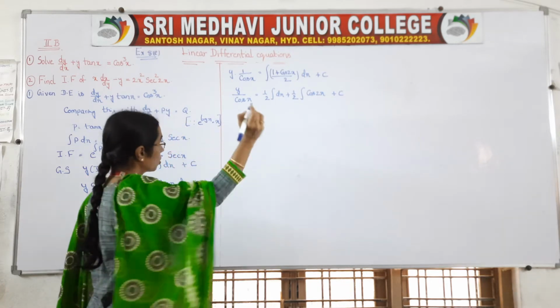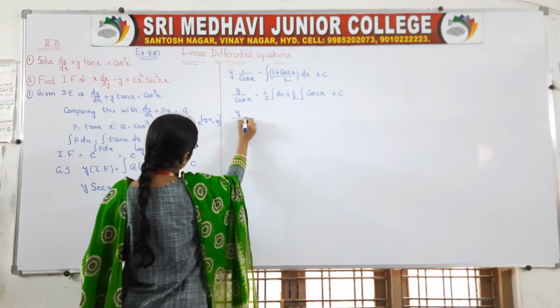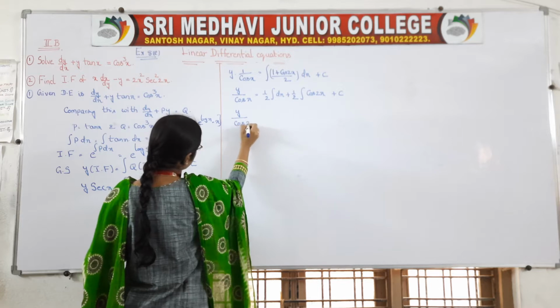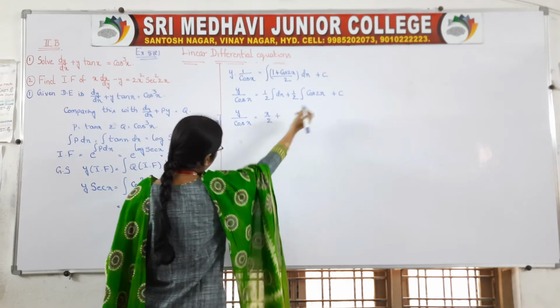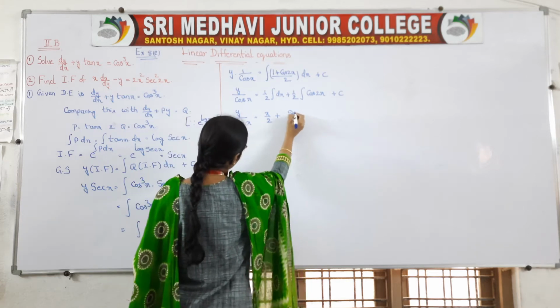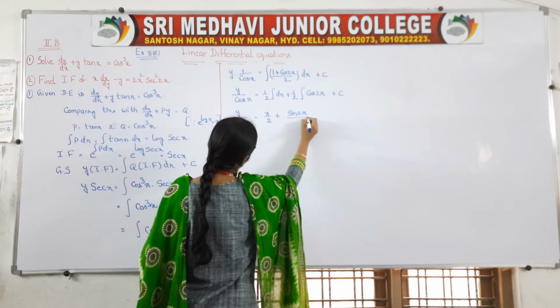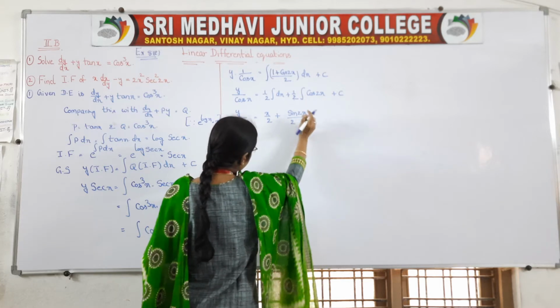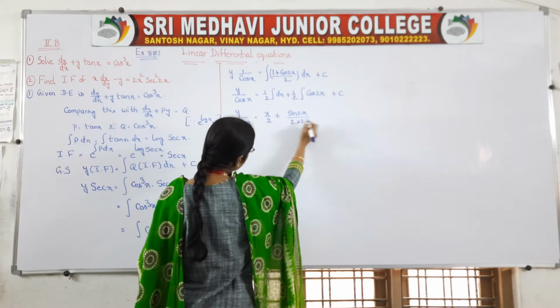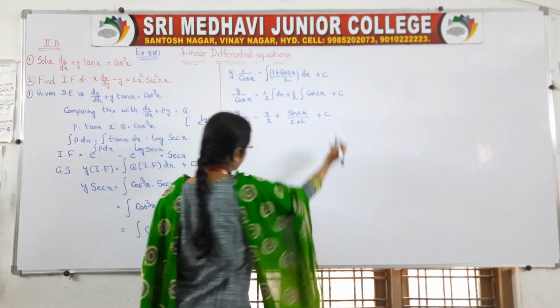So it is x by 2 plus sin 2x by 4 plus c, since integral cos 2x is sin 2x by 2.